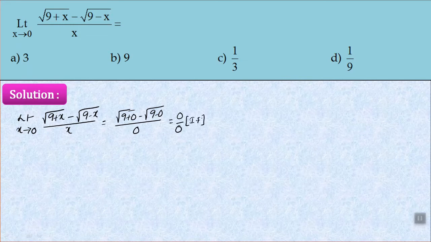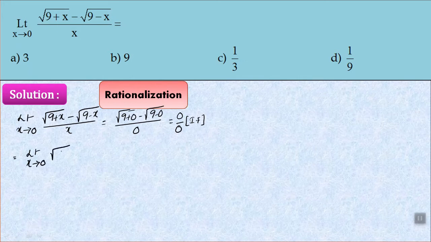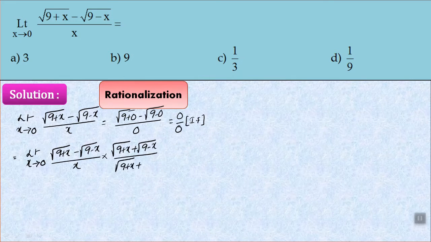For this, using the method of rationalization, limit x tends to 0, square root of 9 plus x minus square root of 9 minus x, divided by x. Here rationalize this with square root of 9 plus x plus square root of 9 minus x, divided by square root of 9 plus x plus square root of 9 minus x.